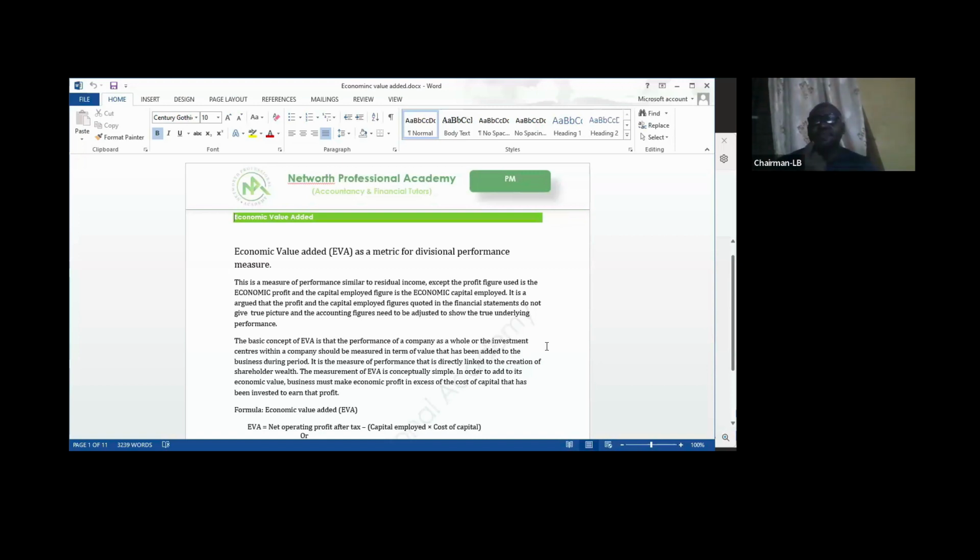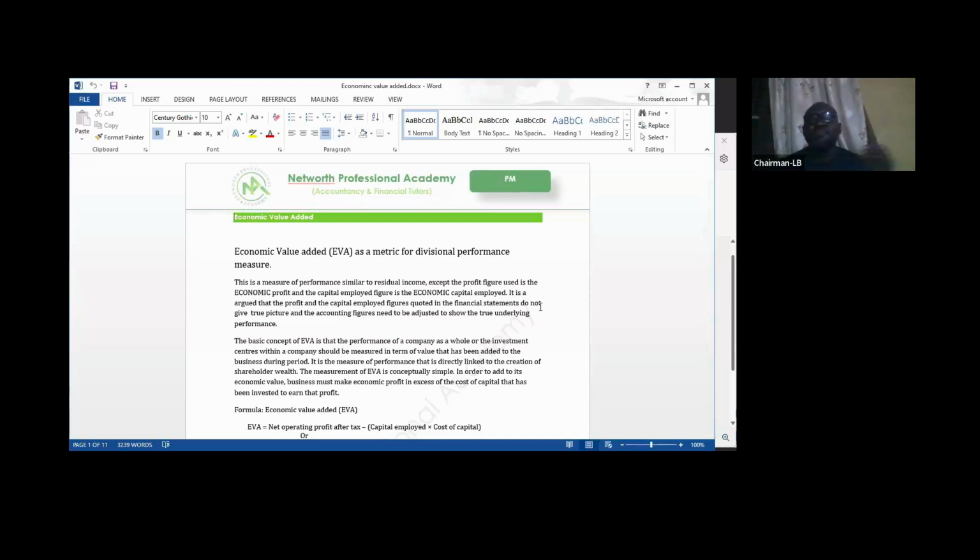Economic value added is similar to residual income. It is very similar to residual income, except that the profit figure used is the economic profit, and the capital employed figure used is economic capital employed.